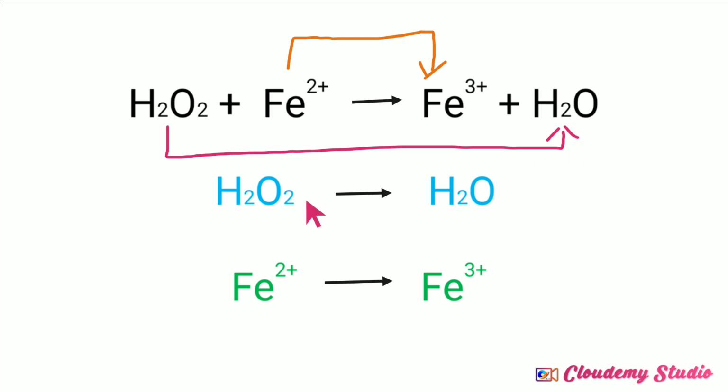Once again, I have written the changes. Hydrogen peroxide becomes water, and the next change is Fe2+ becomes Fe3+. So these two half reactions, first of all we need to balance separately. Let's balance.